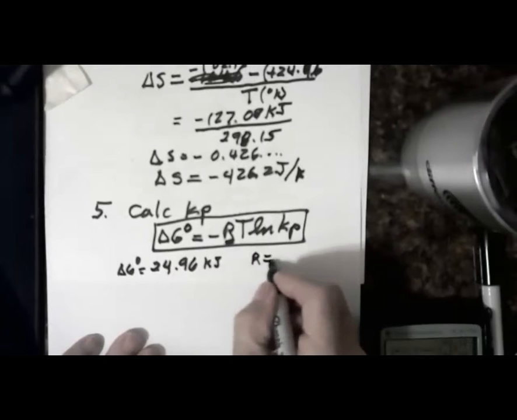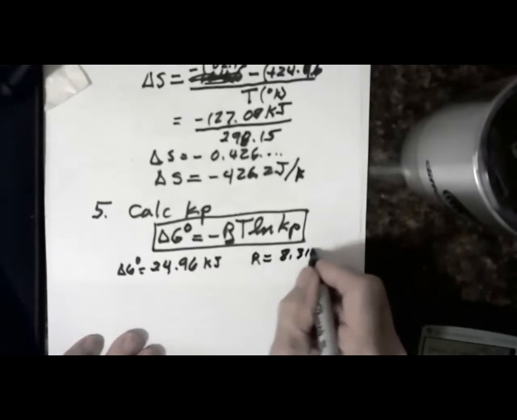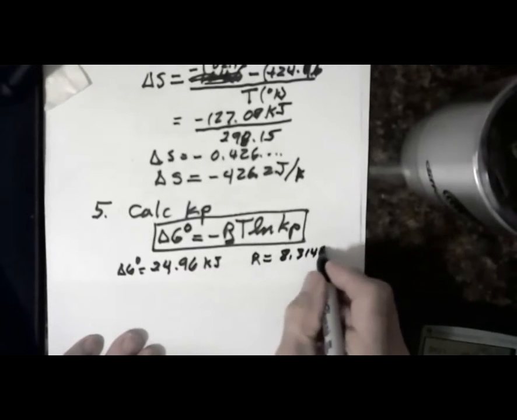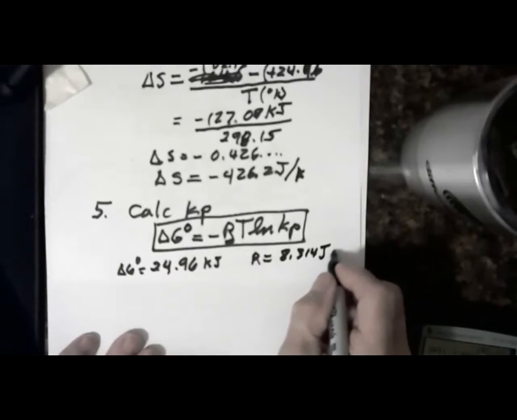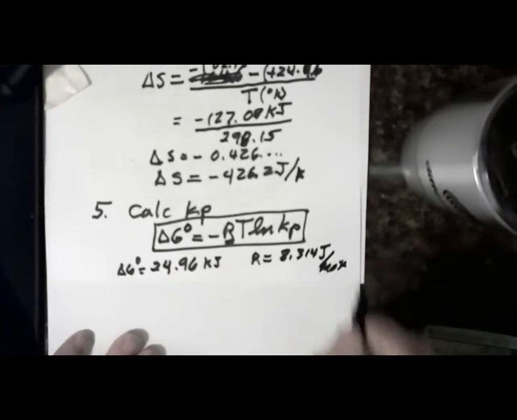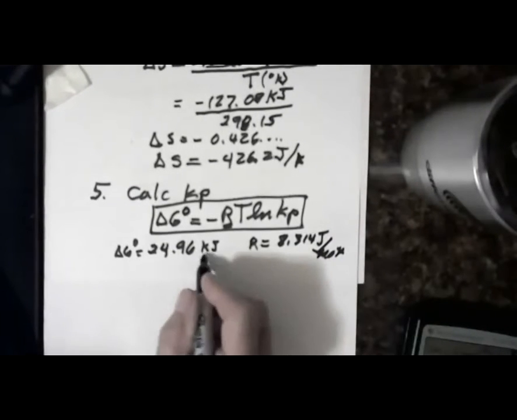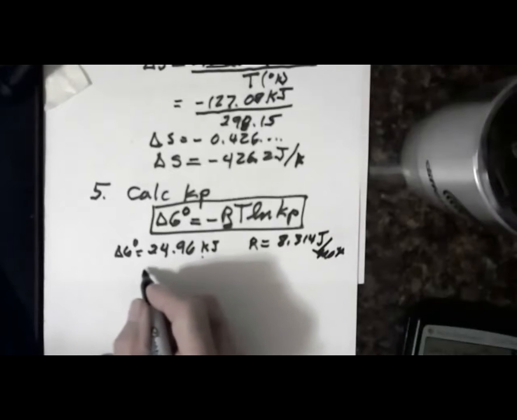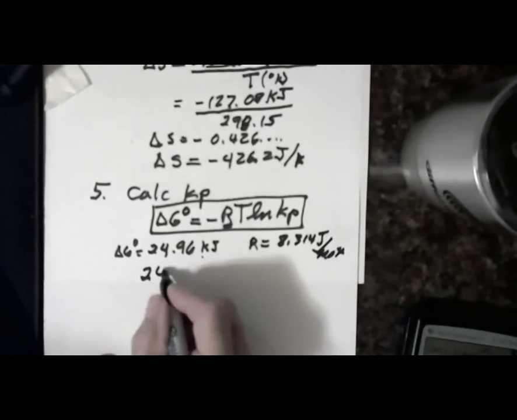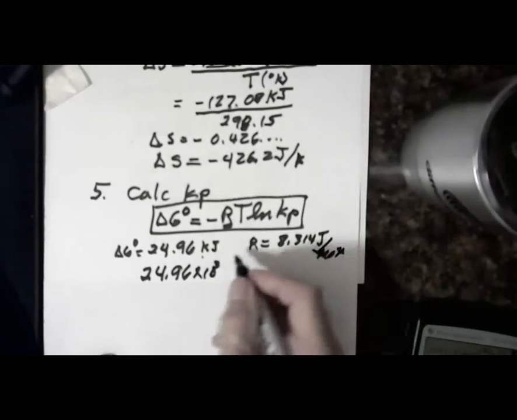R is going to be 8.314 joules per mole per Kelvin. Okay? All right, so this is in joules, this is in kilojoules. I want them both in the same. I'm going to do joules on both sides. So I'm going to get 24.96. Kilo is 10 to the third. That's times 10 to the third.